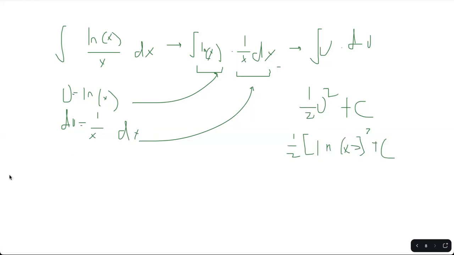If you have a definite integral, like from 2 to 6 of the same problem, what you're going to do is convert it to u. That's probably a bad example. Let's go from 1 to e of ln x over x dx.